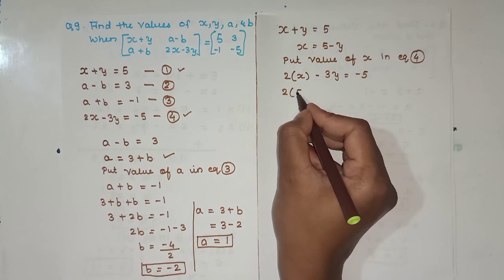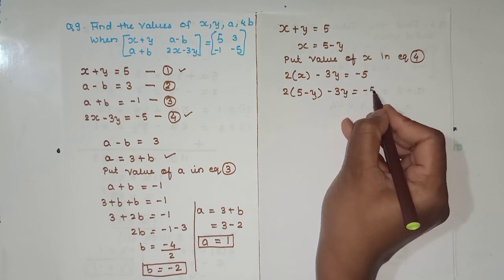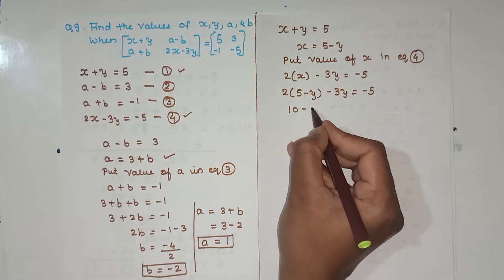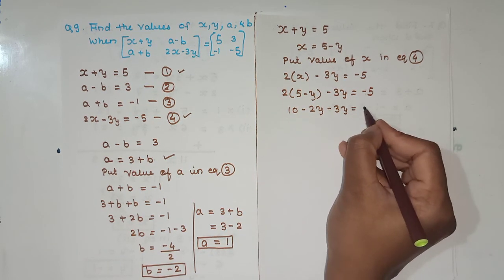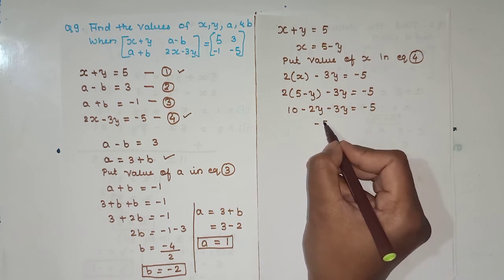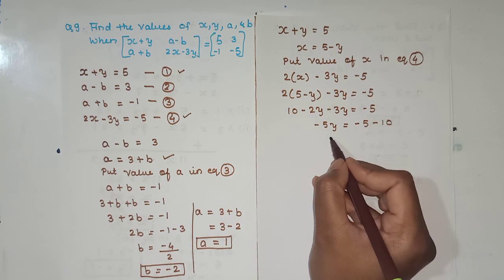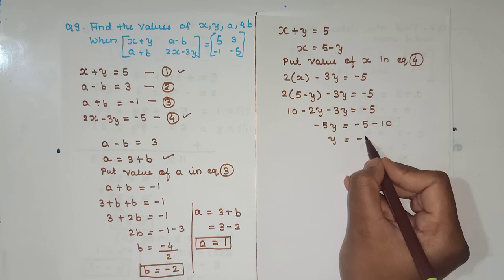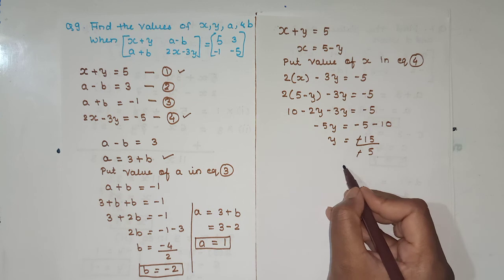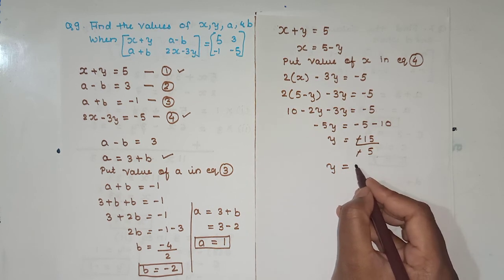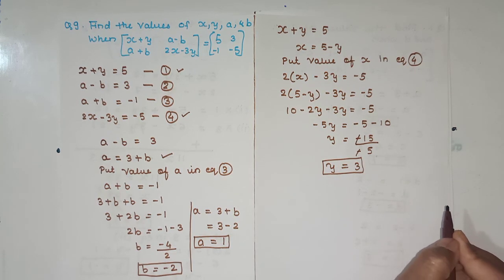So twice of 5 minus y minus 3y equals to minus 5. 5 2s are 10. 10 minus 2y minus 3y equals to minus 5. So minus 5y equals to minus 5 minus 10. So y equals to minus 15 divided by minus 5. Minus minus sign gone. So 5 3s are 15. So what is the value of y? Y is equals to 3.